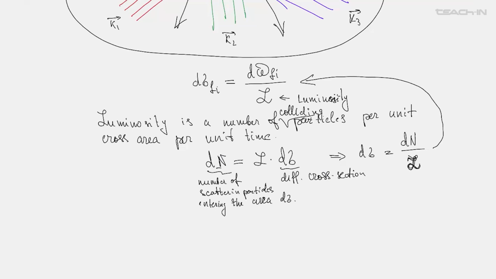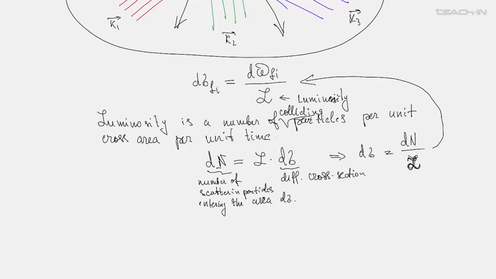Now, I have a question. What's the relation between the luminosity and the scattering amplitude? Luminosity has nothing to do with the scattering amplitude. Luminosity is defined by the number of scattering events which happen, the intensity of scattering events.